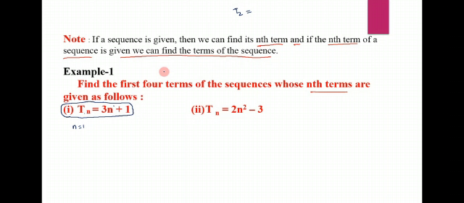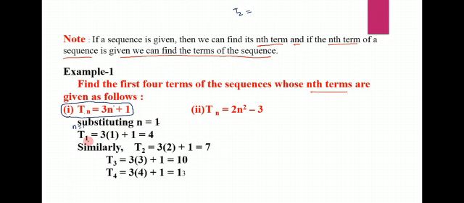Substituting n is equal to 1, you will get the first term: T1 is equal to 3 into 1 plus 1 is equal to 4. Similarly, if you substitute n is equal to 2, you will get T2 as 3 into 2 plus 1, that is 6 plus 1, that is 7.